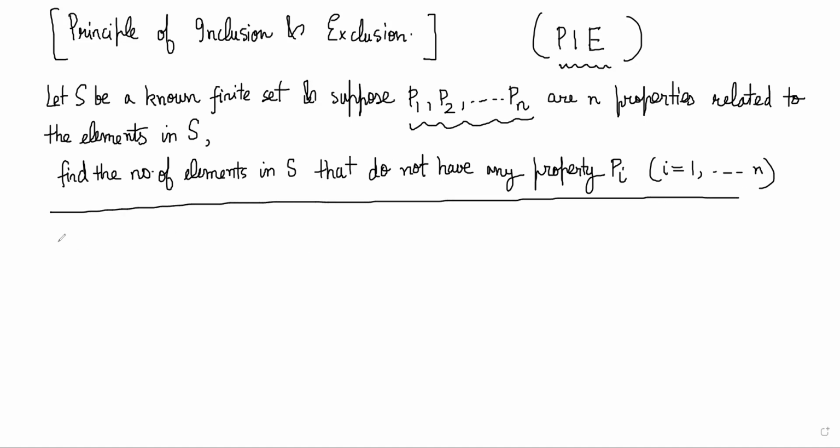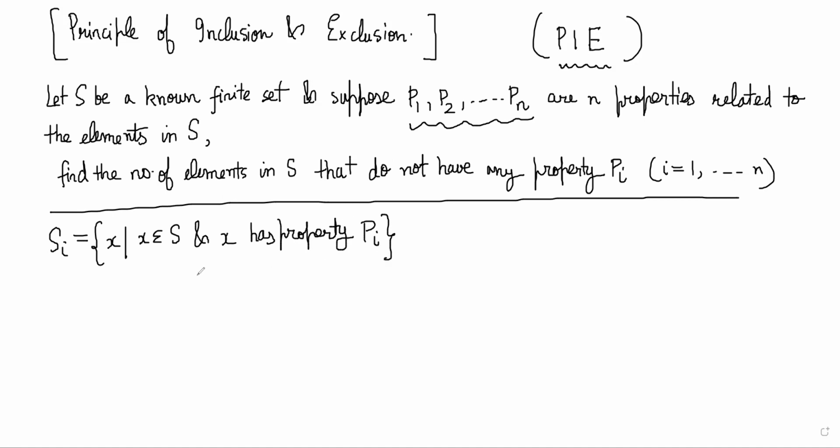So we define Si as the set of x such that x belongs to S and x has property Pi. Si is the set of all the elements of the set S which have the property Pi, right? So if i goes from 1 to n, we have different sets like this, S1, S2, Sn.